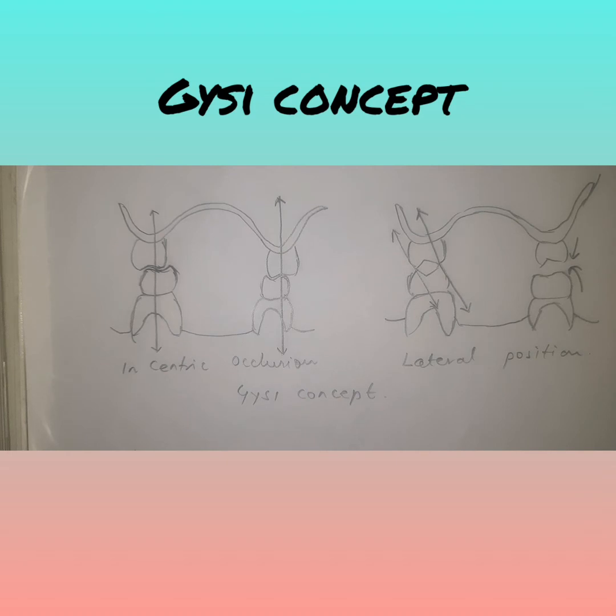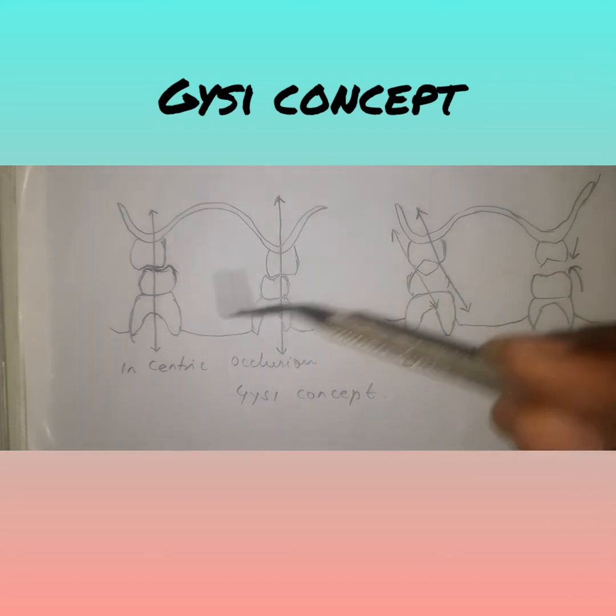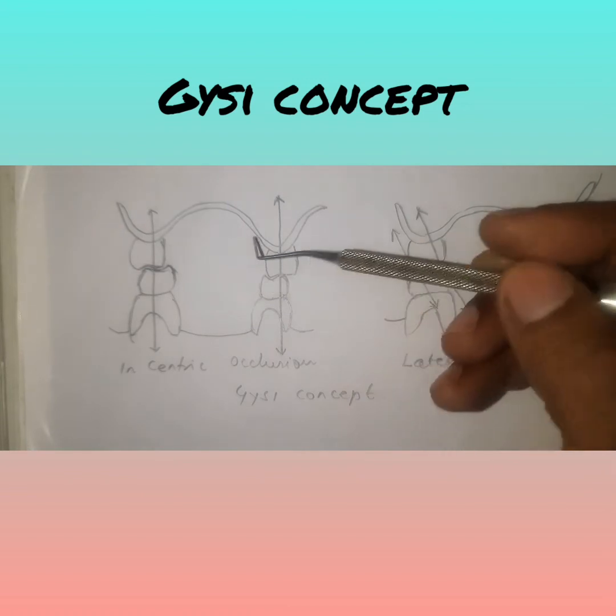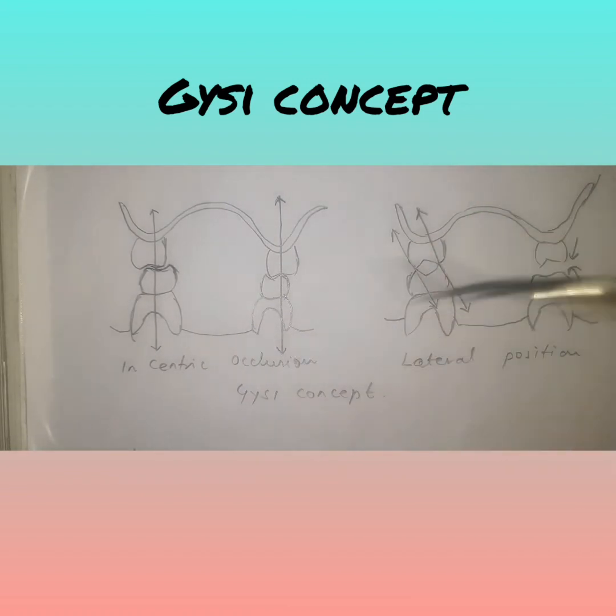So in lateral movements, cusps contact bilaterally to increase the stability. In centric occlusion, the forces are directed towards the ridges, as you can see. In the lateral position, the occlusal contacts are directed away from the ridges.